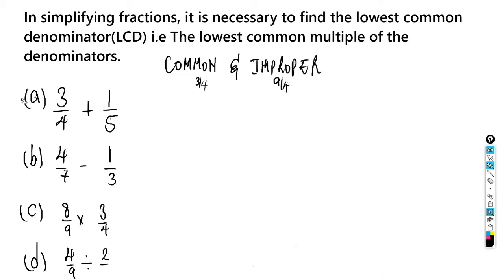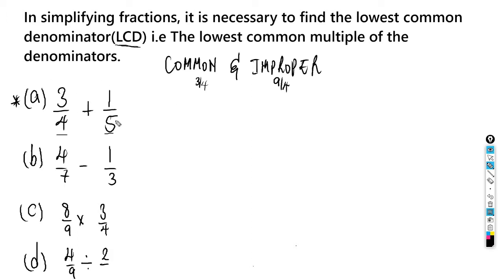All right. So let's look at these examples here, guys. And we have some info up here saying in simplifying fractions, it is necessary to find the lowest common denominator, LCD, i.e. that is, the lowest common multiple of the denominators. So we'd actually have to find the lowest common multiple for 4 and 5 in this example, okay?